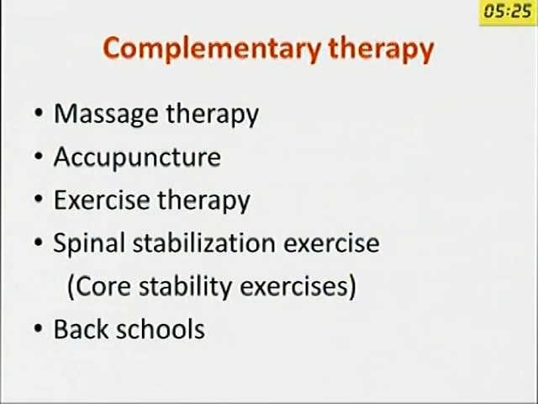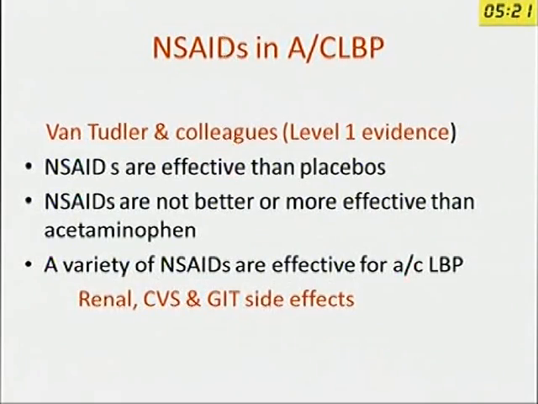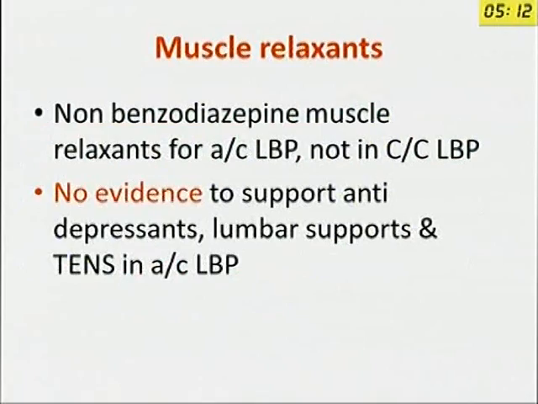Complementary therapies, massage therapy, acupuncture, exercise, all these can be done, and we should be careful about using NSAIDs injudiciously because of the renal, cardiovascular and GIT side effects. In acute disc prolapse, we can use muscle relaxants, but not in chronic disc prolapse.